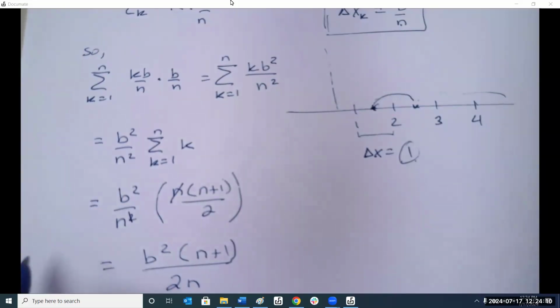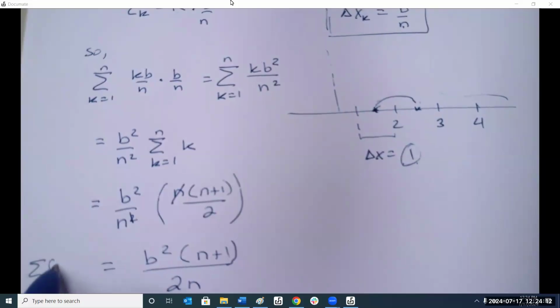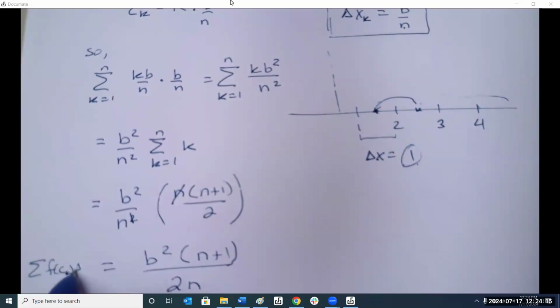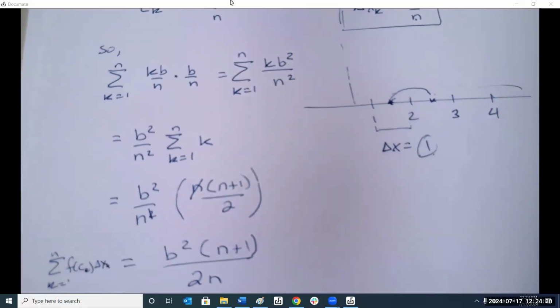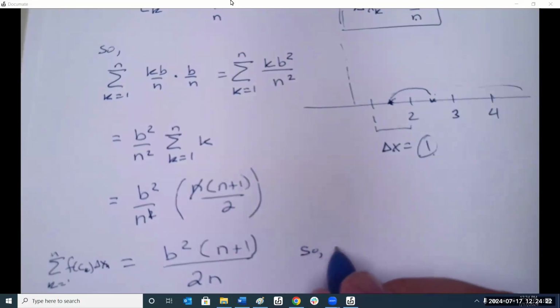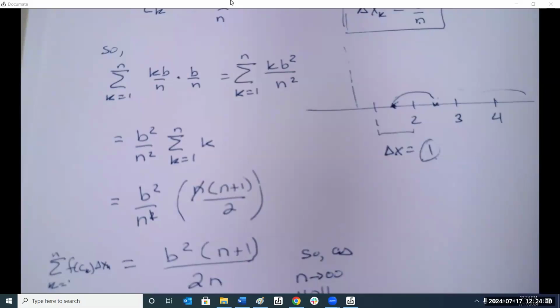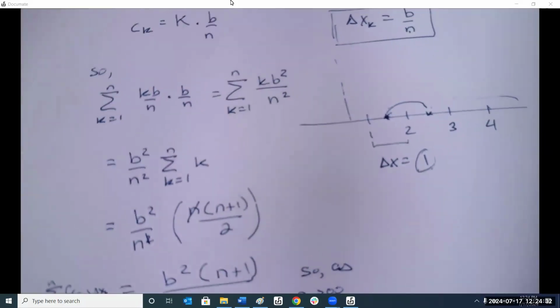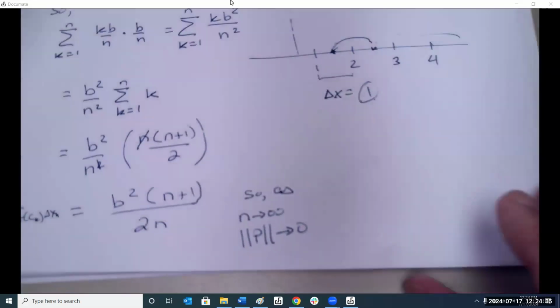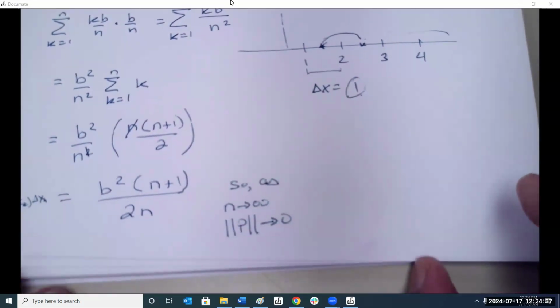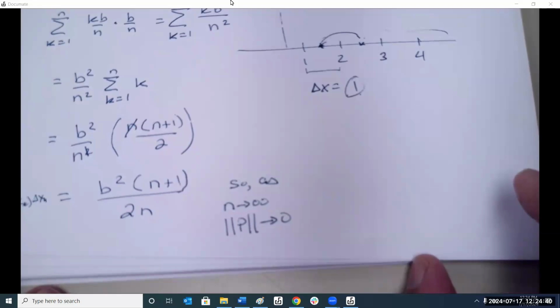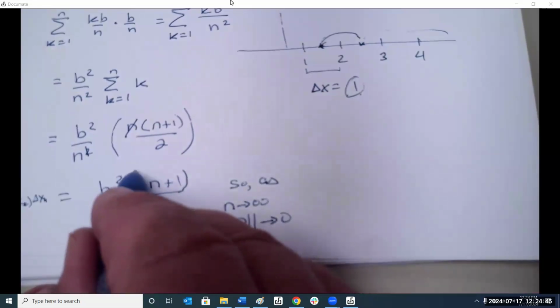Now remember, we take the Riemann sum limit of it. As n goes to infinity, the norms of all these intervals also go to 0. So let's look at what happens here.